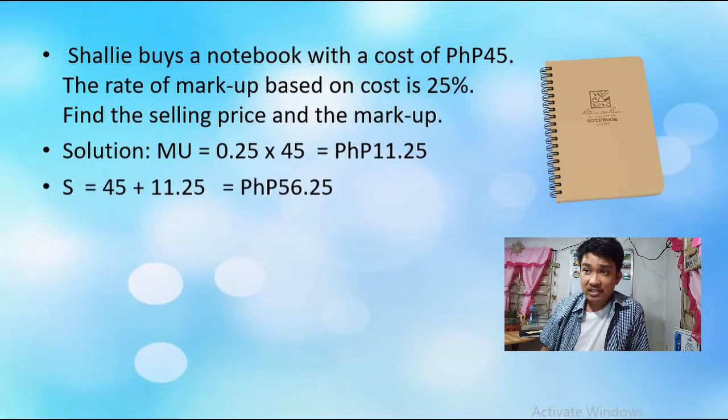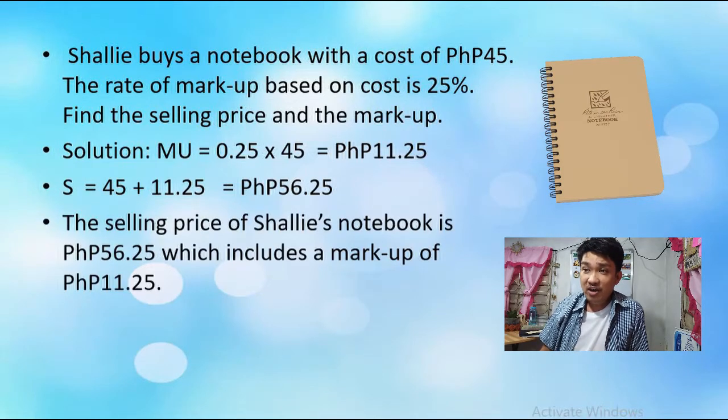The selling price is equal to 45 pesos plus 11.25, which is equal to 56.25 pesos. So the selling price of Shally's notebook is 56 pesos and 25 centavos, which includes a markup of 11 pesos and 25 centavos.